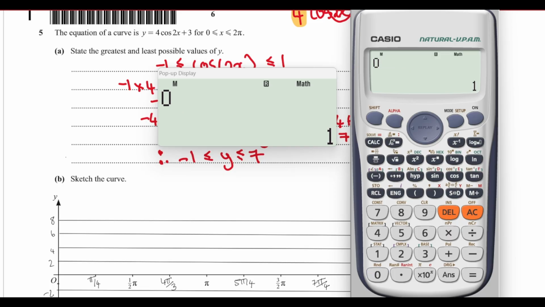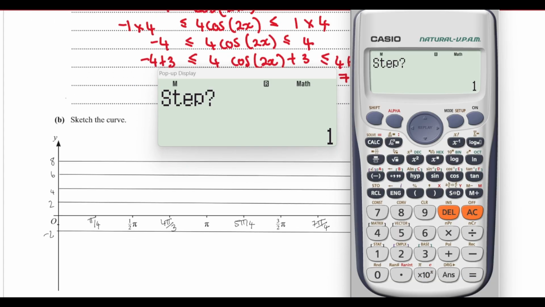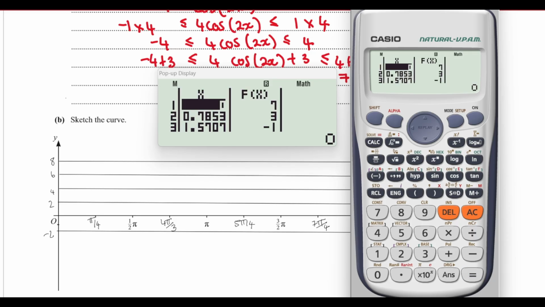At 0 radians, end at 2 pi radians, step. The steps I've made on my x-axis are in pi over 4, so let's put pi over 4. Okay, now what is this giving you?